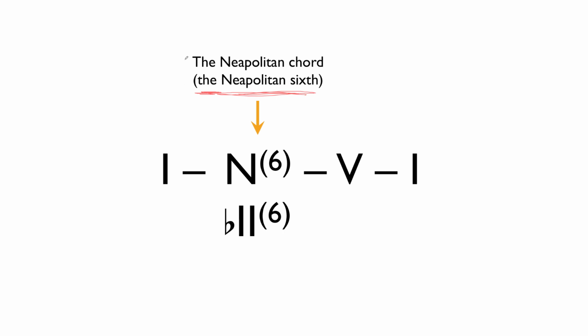Those are the same. You can use whatever you want. The meaning is the same. But if you use the Neapolitan sixth, it only describes the Neapolitan chord in the first inversion. So I recommend to use the Neapolitan chord.